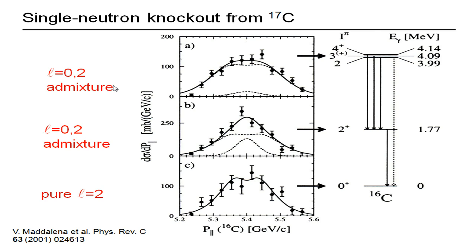Okay, well this is an example which, I say, is just here to give you a flavour. Okay, so here's an example of a set of data where carbon-17 is incident on a beryllium-9 target. Carbon-17 interacts with the beryllium-9 target, and carbon-16 residues are seen to be going on forward.